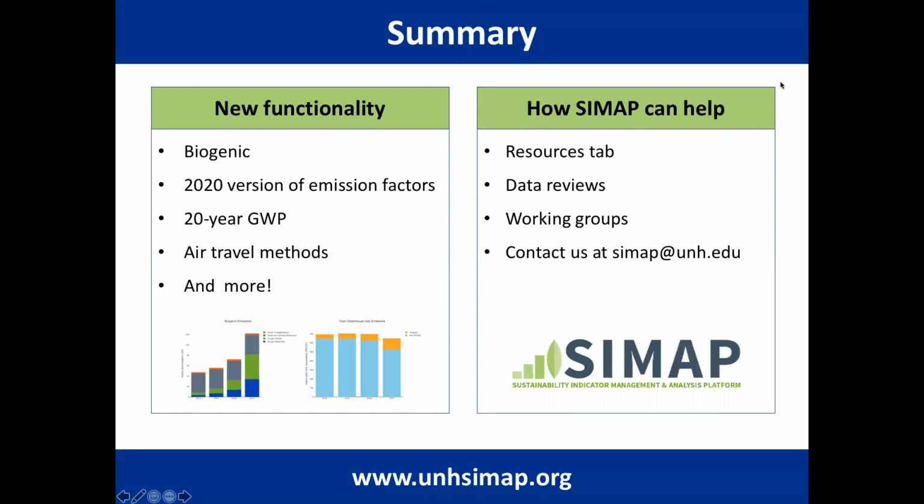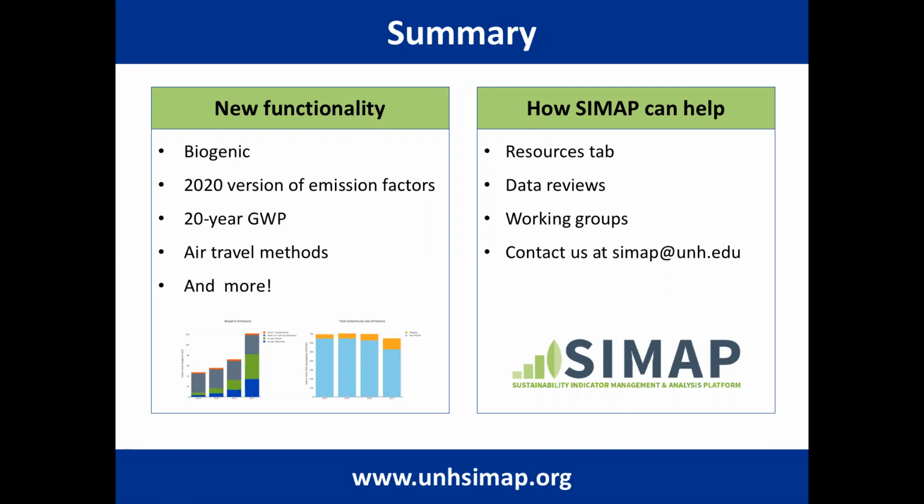So to summarize, we've released some new functionality that we went over during this call. Biogenic emission factors have been separated out, and there's a biogenic report to view those results. Ben explained to us the 2020 version of emission factors, the 20-year global warming potentials, and some new air travel methods. We've also tried to highlight the recommended methods and added a number of content pages to provide more background on all of these topics.